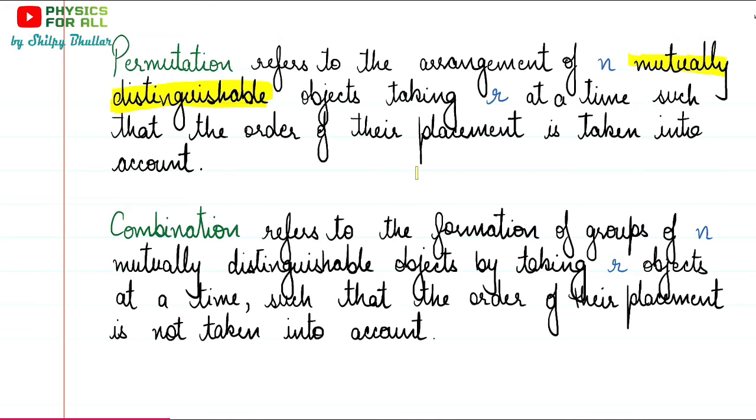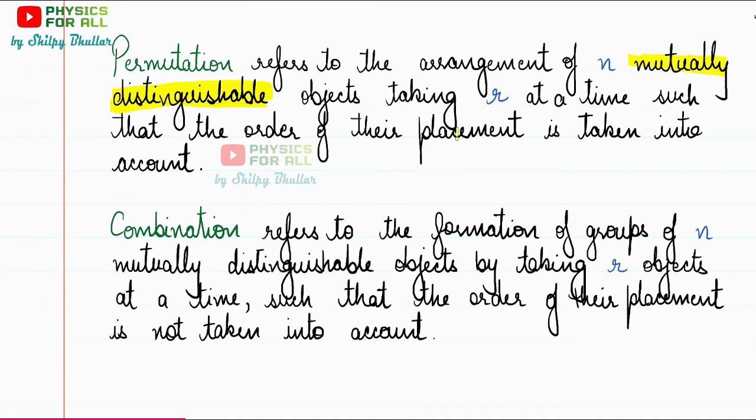If we are talking of colored balls, maybe one ball is red in color, another one is blue, green, yellow, and so on. So that means they are mutually distinguishable. You can identify and pick the red ball out of the group of balls, or the blue ball, green ball. You can identify each ball separately.